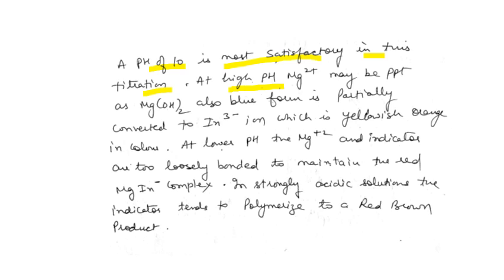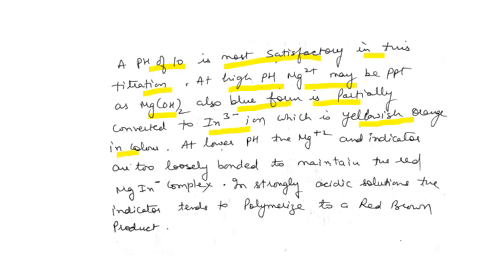At a high pH value, the magnesium ion may precipitate out as magnesium hydroxide, and also the blue form is partially converted into the 3-negative species ion, which is yellowish orange. If it changes to the yellowish orange species, it does not form the complex.